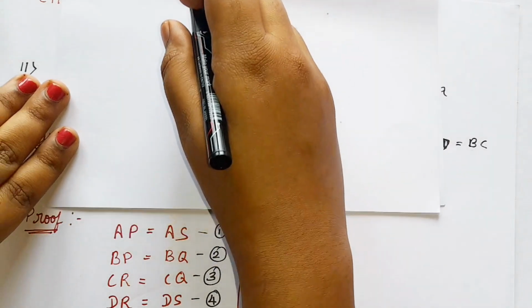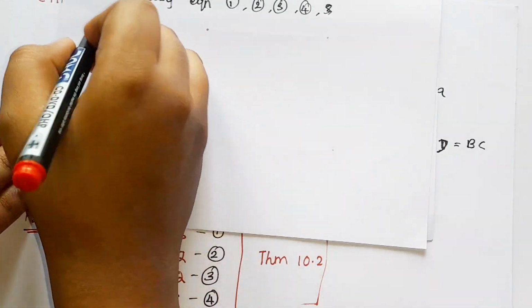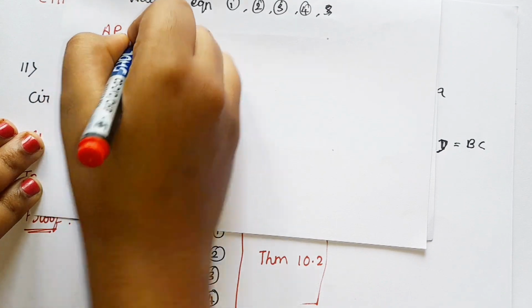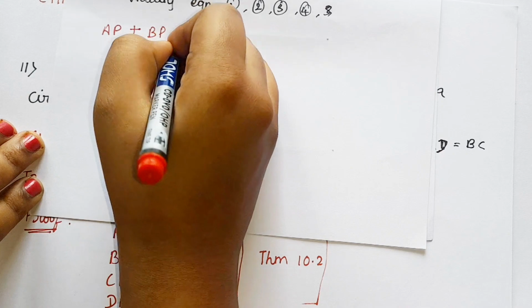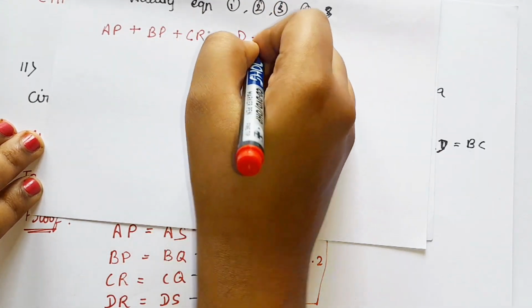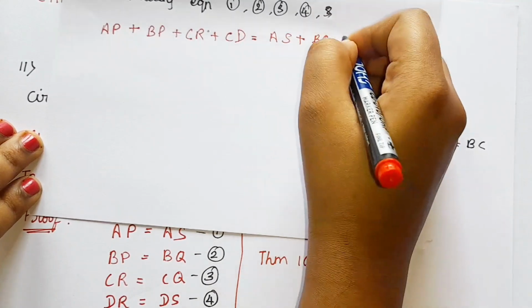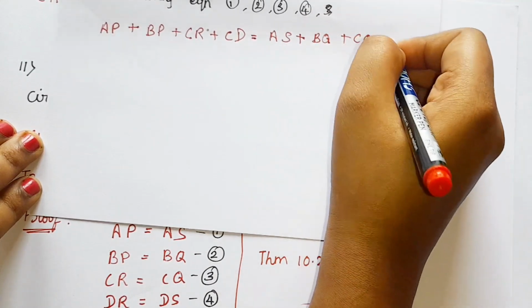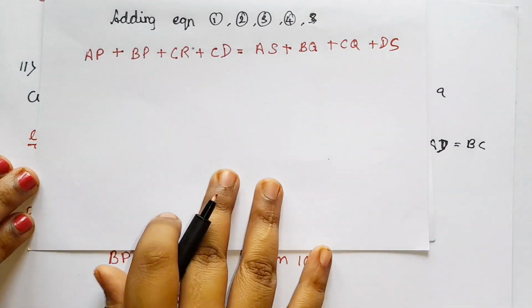So let's write AP plus BP plus CR plus DR is equal to AS plus BQ plus CQ plus DS. Okay, so we are supposed to add all the equations.